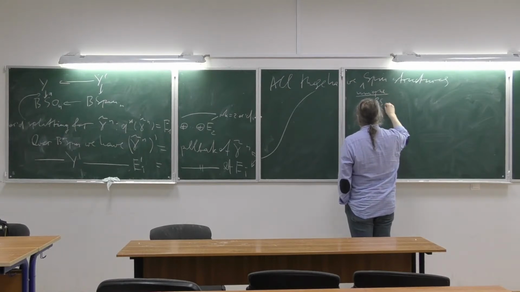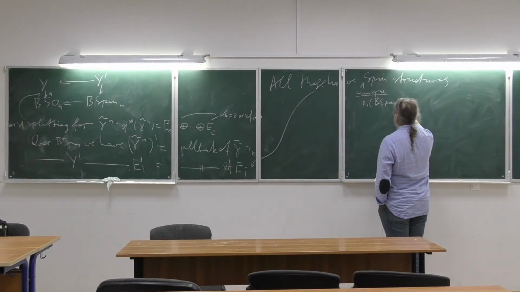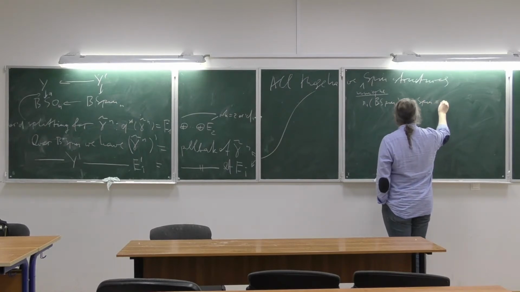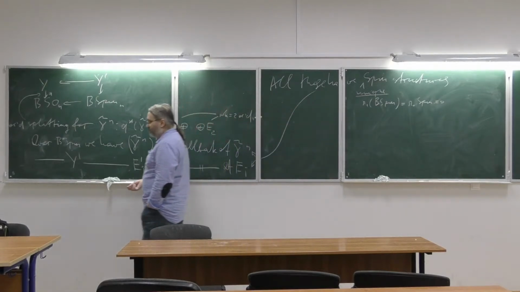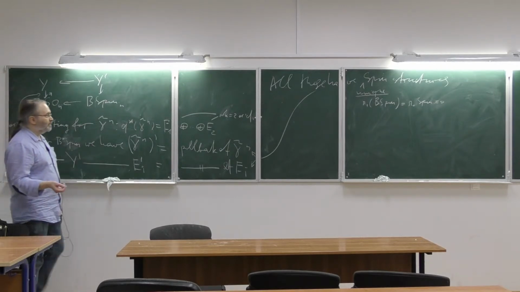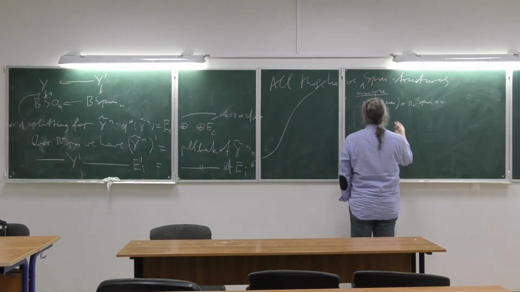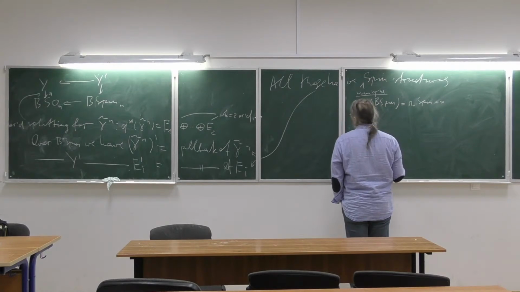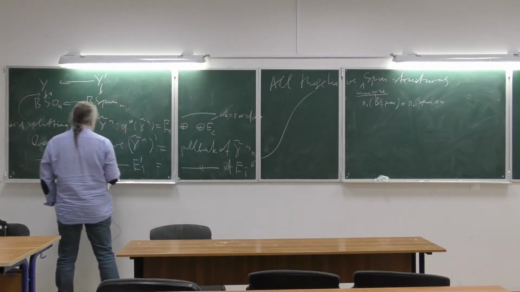First of all, we have pi1 of BSpin is the same as pi naught of Spin, and this is 0. So pi1 is 0. So the space BSpin is simply connected.